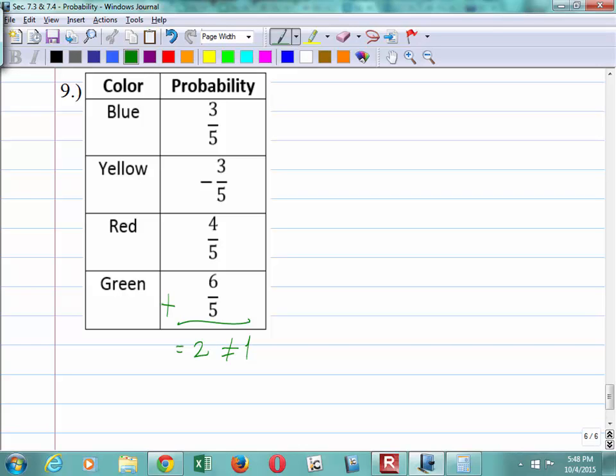And then also, this is less than 0, and this is greater than 1. So those are all great reasons why this does not qualify as a possible probability model.